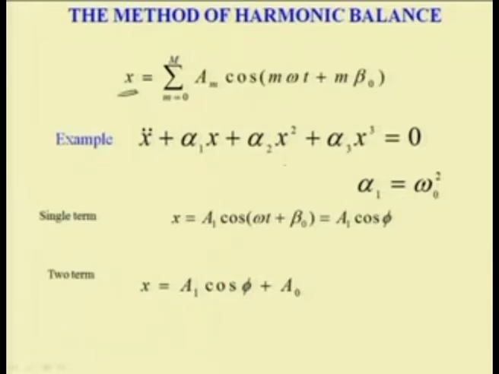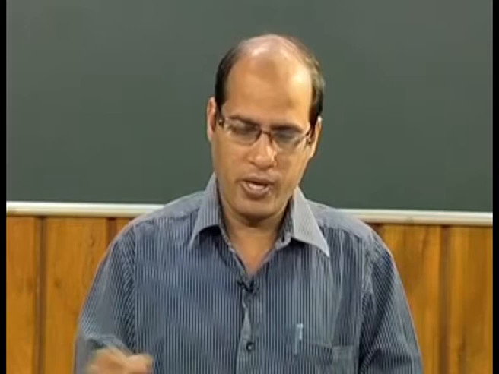If you take a single term, that means m equal to 1, then this expression can be a 1 cos omega t plus beta 0. So, let us take this omega t plus beta 0 equal to phi. So, we can write x equal to a cos phi.